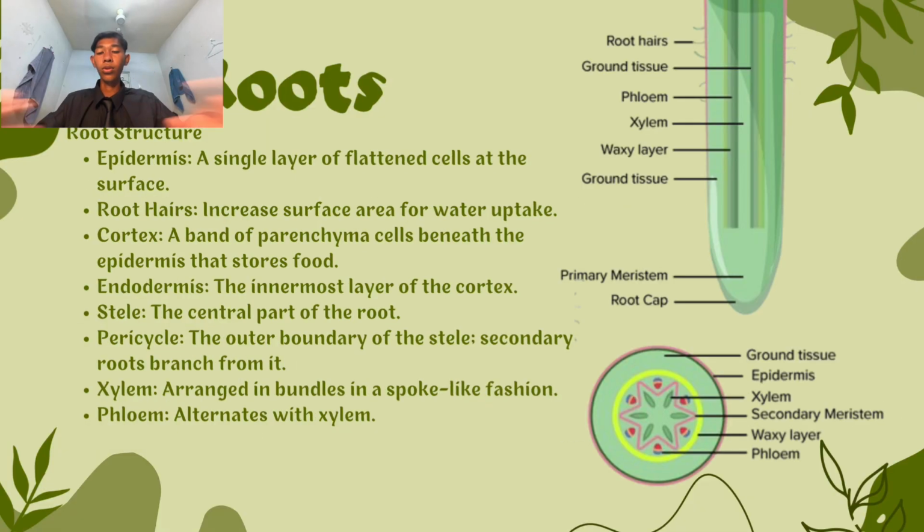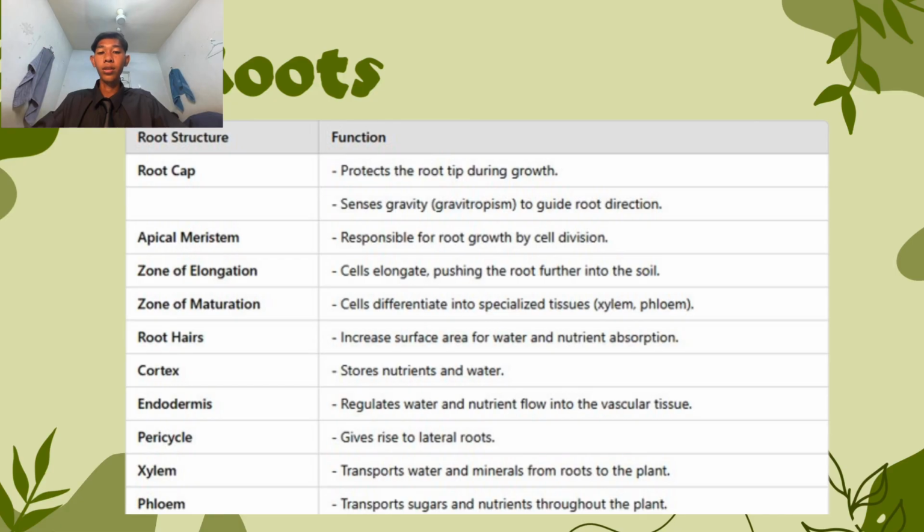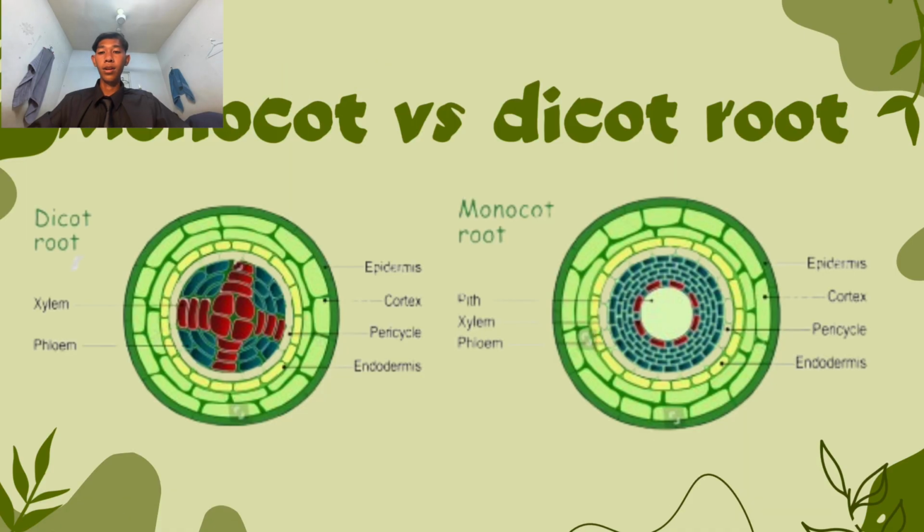The roots also have structure: epidermis, root hairs, cortex, endodermis, stele, pericycle, and xylem and phloem. This is the function that I already said. This is the difference between monocot and dicot roots.